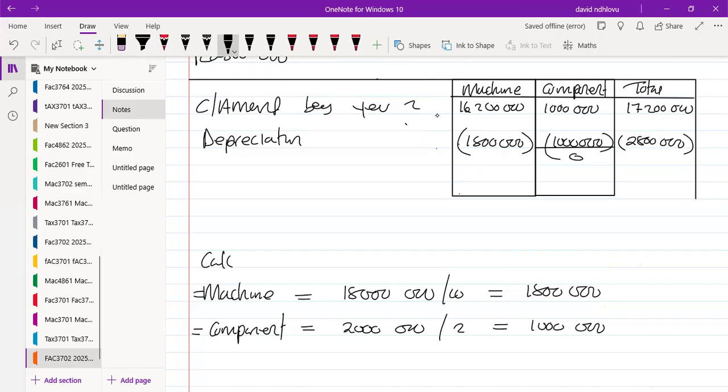Right. Normally, if you have a value that is remaining here, you will have to derecognize it from the books. So we don't have anything to derecognize because the asset is no longer there with a book value in our records. Then we bring in the addition, which is the 2.5, which we bring there.